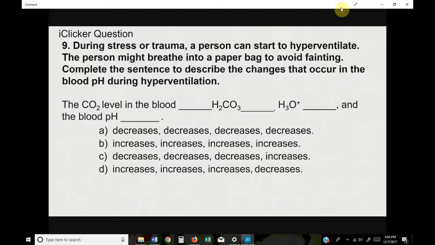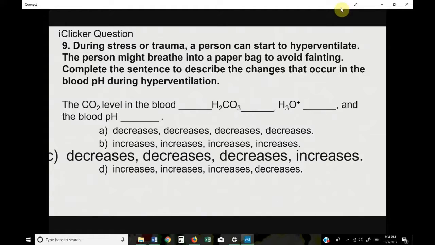If the carbonic acid level decreases, the hydronium ion concentration decreases. And if the hydronium ion concentration decreases, the blood pH is going to go up. So that's during hyperventilation.